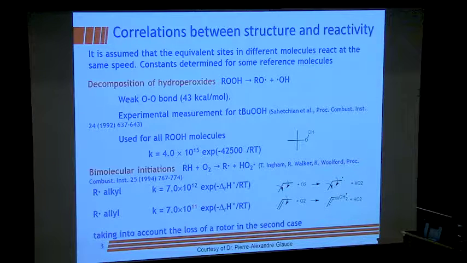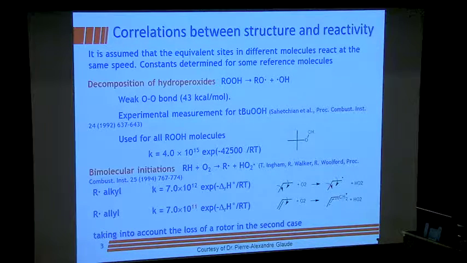And here I show propane, which I referred to a little earlier. But for propene, the frequency factor decreases by an order of magnitude. Why? Because the radical that you generate is resonantly stabilized. You lose a rotor in the product. For propane you had 2 rotors and end up with 2 rotors, but for propene you had 1 rotor and you lose it in the product.